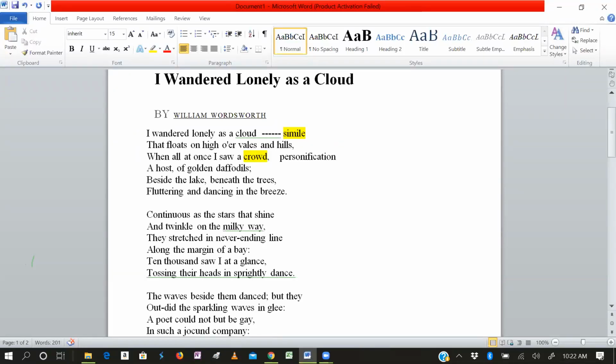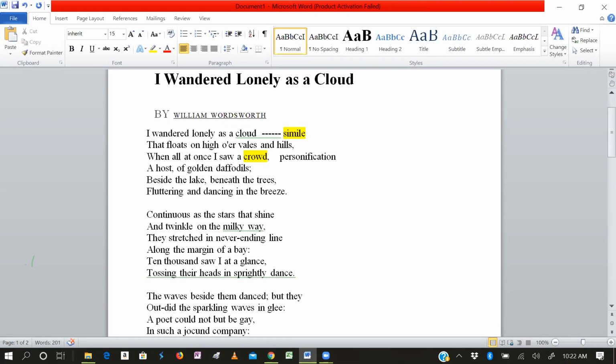So the poet says that when I was moving along like a cloud over the waves and hills, I saw at once a crowd, a group of golden daffodils, beside the lake beneath the trees, fluttering and dancing in the breeze.